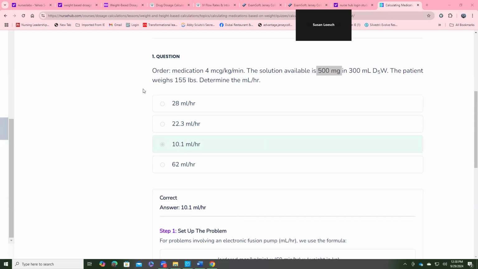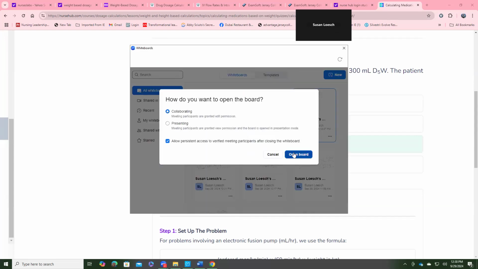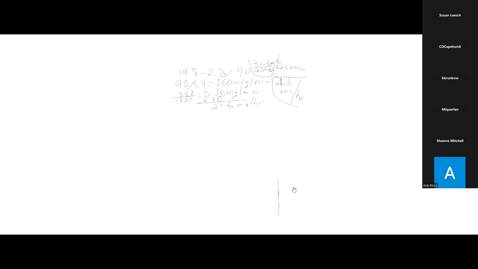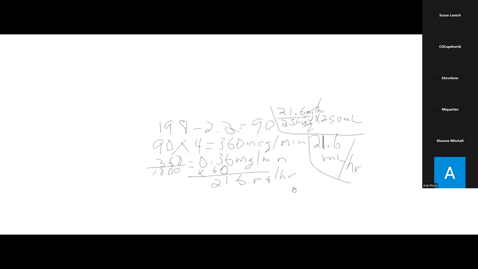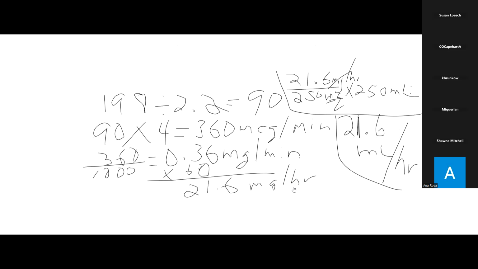Notice that when I write it in the formula, I have to get to this liters per hour.